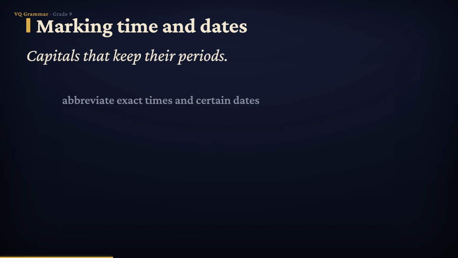Now let's talk about time and dates. When you write an exact time, you use AM for the morning hours and PM for the afternoon and evening. So the bus leaves at 7:15 AM and the concert ends at 9:40 PM. For years we have two more.